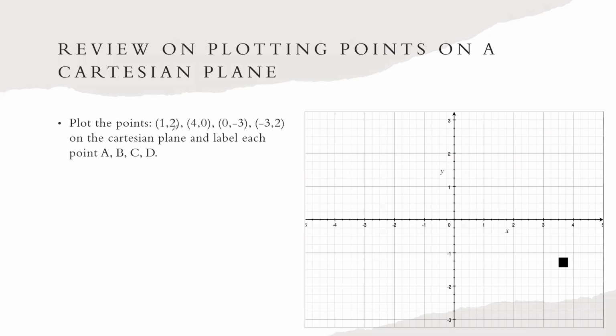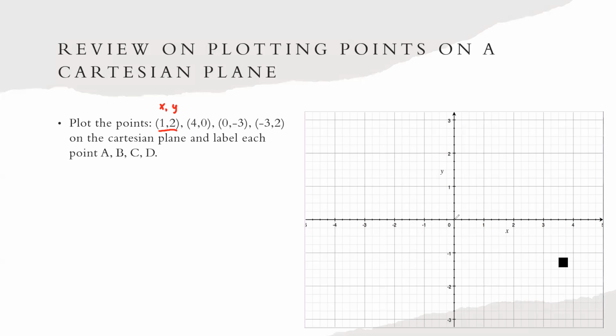Okay, so let's start with the first coordinate, (1, 2). 1 is your x, 2 is your y. You always start in the x direction and then go in the y direction. On the x, you either go right or left, depending on whether it's positive or negative. And for the y direction, you either go up or down. So our x is 1. If you want, you can always start at (0, 0), but don't dot it, if that helps.